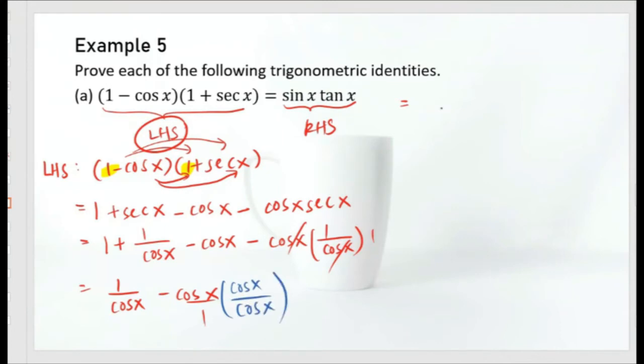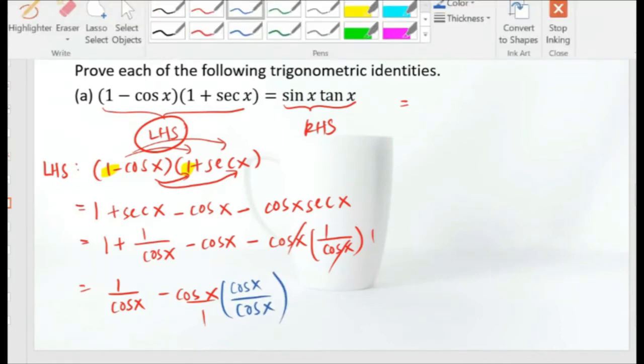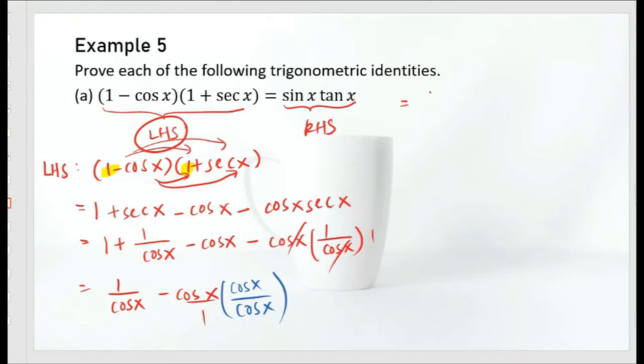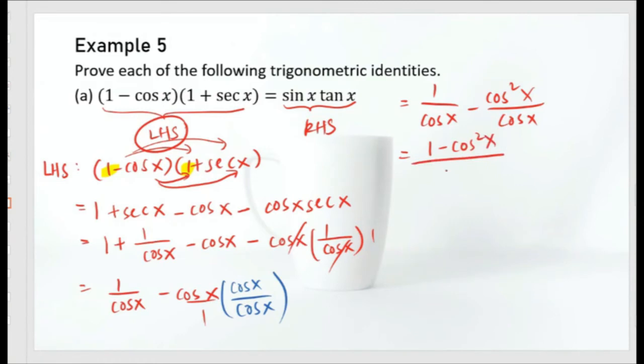So you get 1 over cos x minus cos squared x over cos x. So now the numerator is 1 minus cos squared x, and the denominator is cos x.